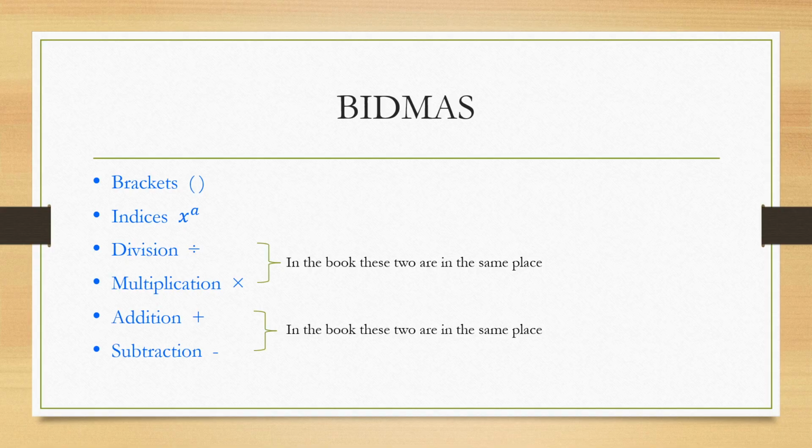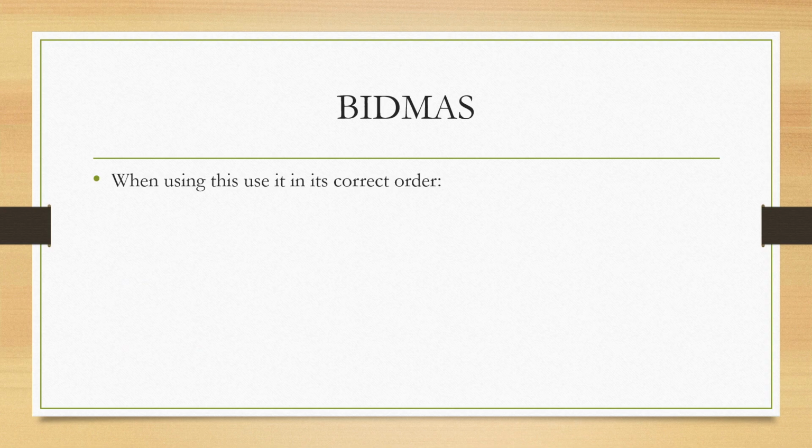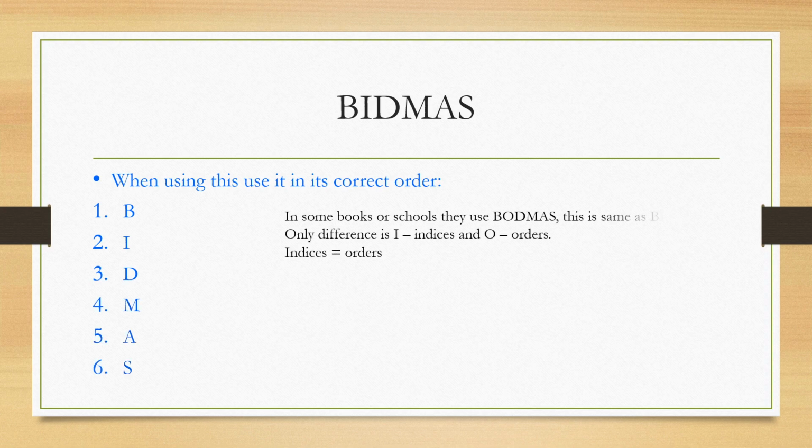When you're using this, it must be in the correct order. First, you check for brackets, then indices, then division signs, then multiplication signs, then addition, then subtraction.